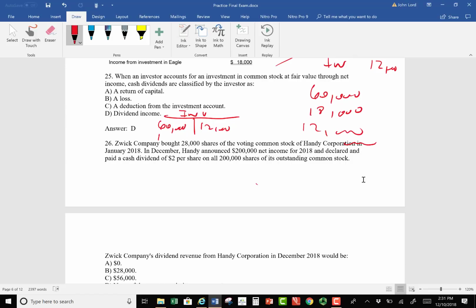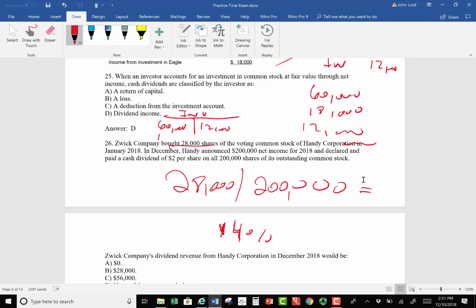Fair value through net income, whatever. 200,000. How many shares did I buy? 28,000. What percent is that? 14%. I'm less than what? Less than 20%, right? So I use fair value through net income.